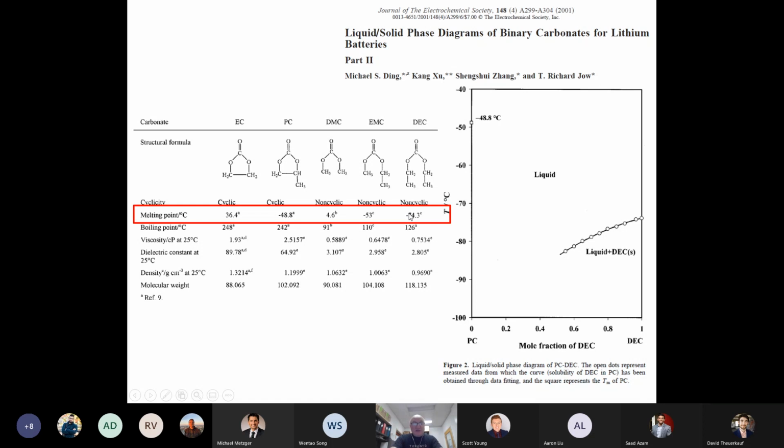So if you're trying to make a really low temperature electrolyte, you would not focus on EC and DMC, right? The reason we pick EC and DMC for lithium ion cells in general is we're not so worried about low temperature behavior, especially if you're working with a partner who warms their packs.